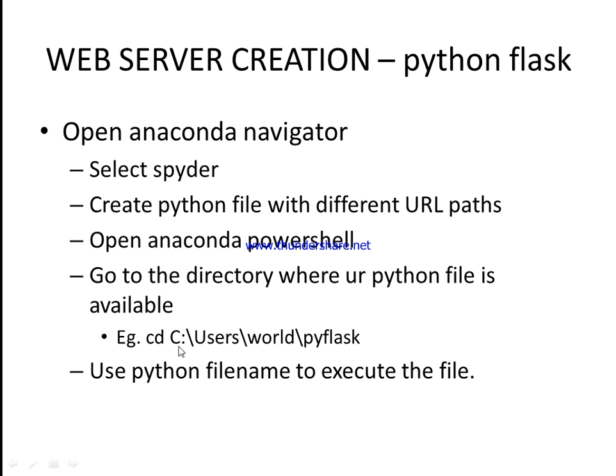Under the C directory, users folder, world folder and PyFlask folder, I have stored my firstapp.py. So you have to change the directory of your Anaconda PowerShell, and after changing the directory, you have to execute the Python file name, and then see the output in your web browser. These are the things we are going to see.